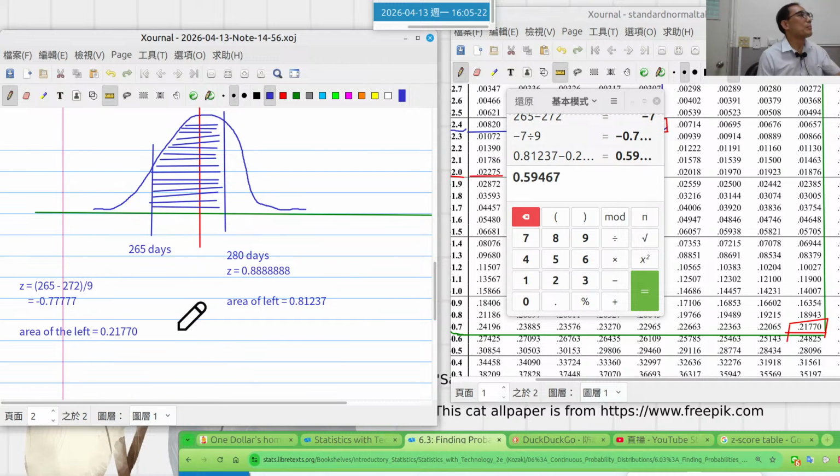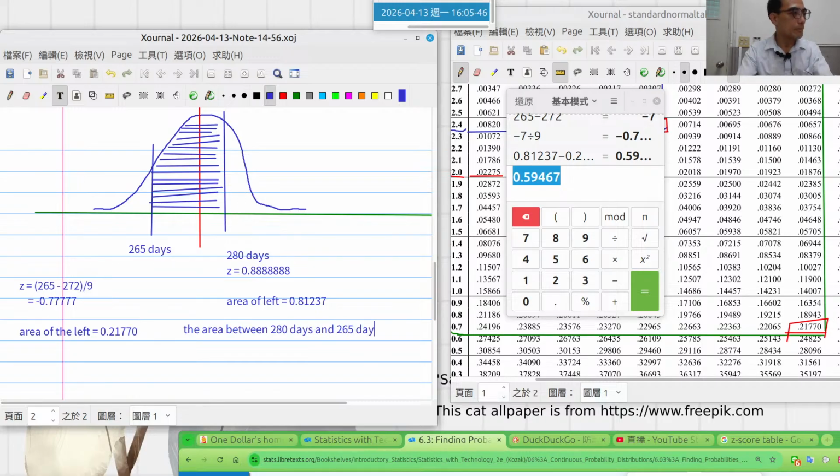So the area between those two lines should be this one. Is it okay? Okay. Let's check the textbook.